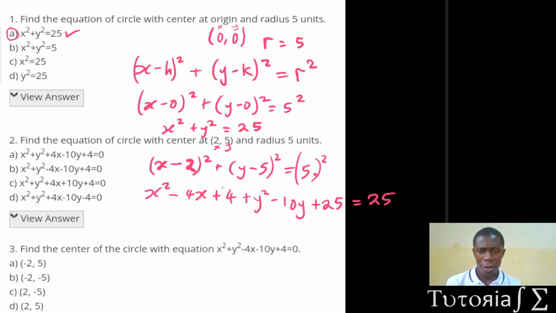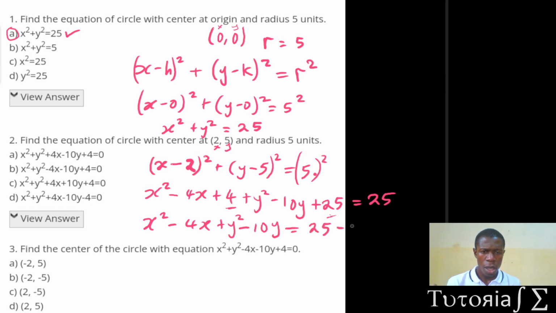We simplify: x squared minus 4x, then plus y squared minus 10y. Then this 4 and that 25 are going to add up, they'll give us 29.